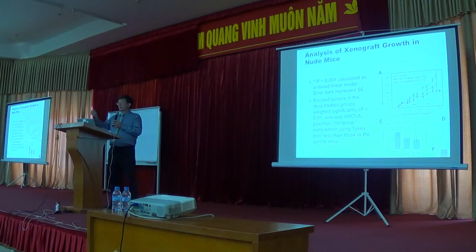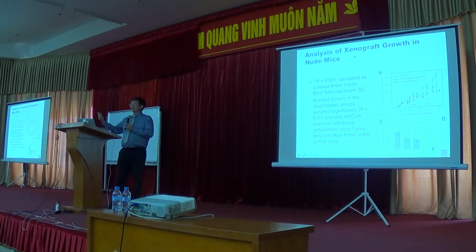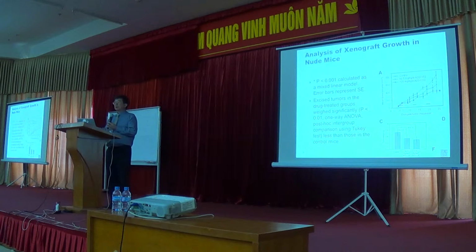And because the human cells are grafted into these mice, it's called a graft, okay? Xeno means foreign, not the same, meaning that you're grafting cells of a different species.